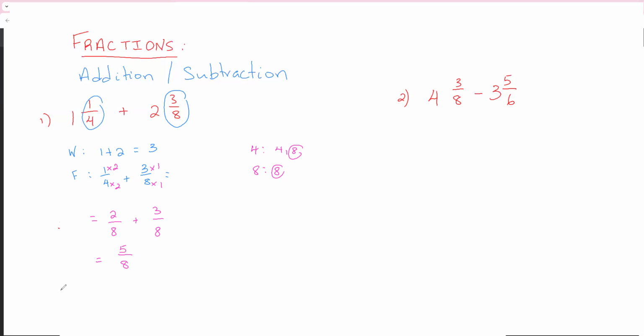Now, we have the whole number, and we're going to add that to the fraction. So the whole number, remember, we had was 3, and we're going to add that on to the fraction. So we get 3 and 5/8.